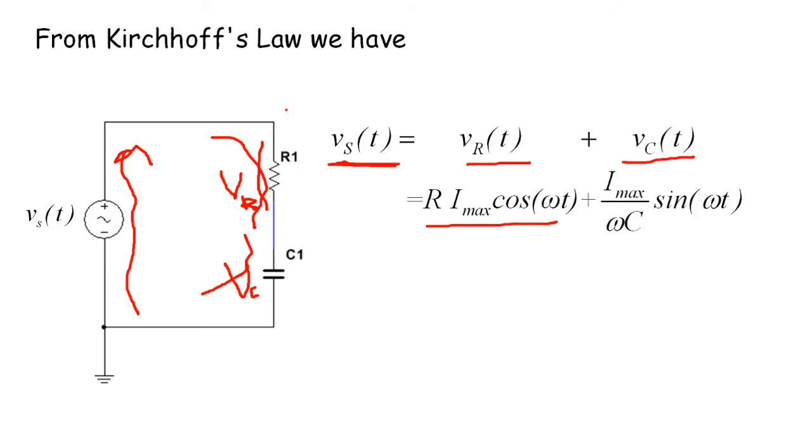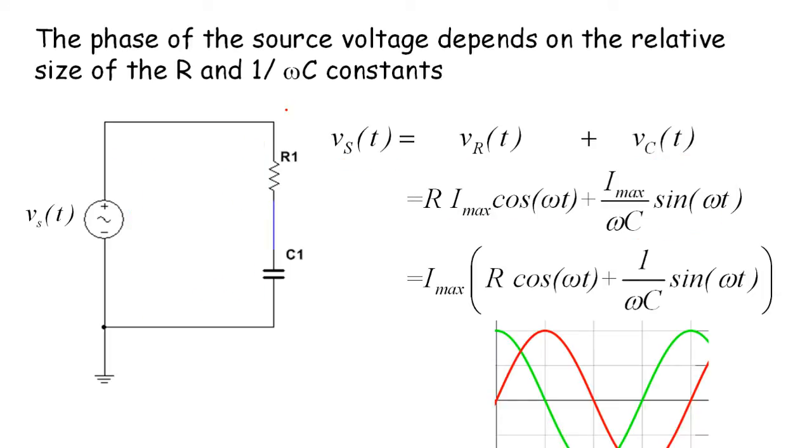Okay, so there I just plugged in the equation for the voltage on the resistor that we derived. Here's the voltage on the capacitor that we derived, and that's our expression. I just took the I max out of both of these terms to show you that we've got two important constants.